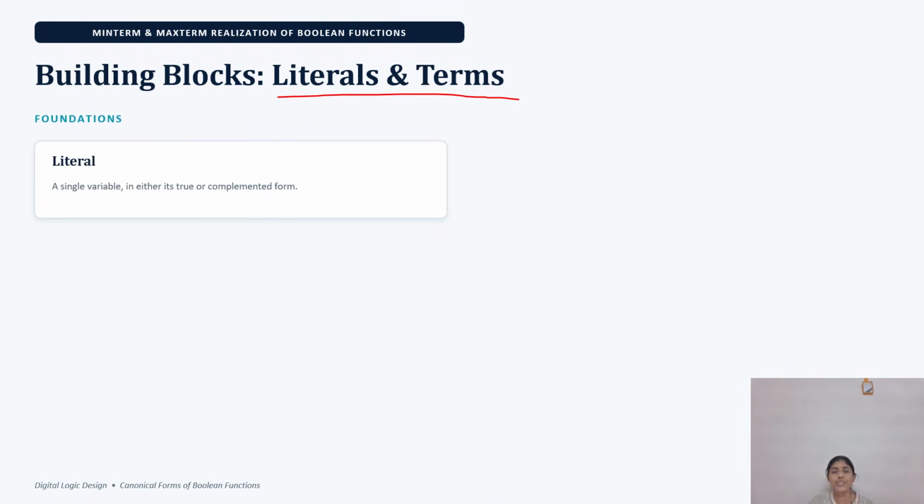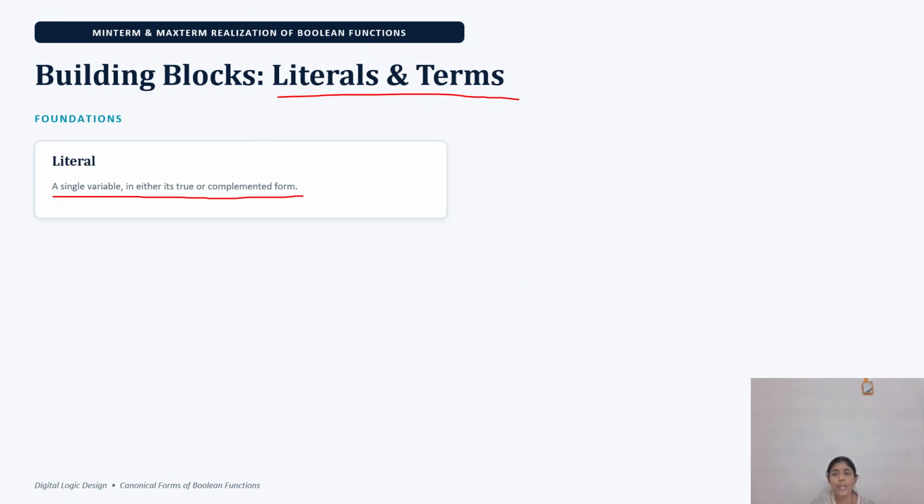Next are the building blocks. Please remember, you have to know these two terms: one is a literal and the other is a term. First you should know what a literal is. A literal is a single variable, either in its true or complemented form.